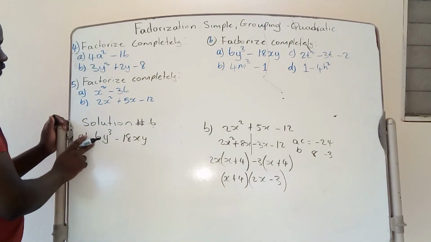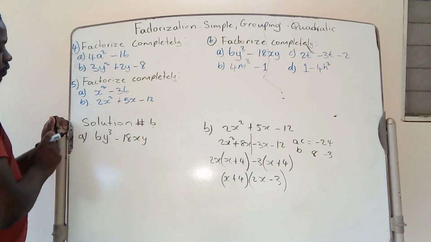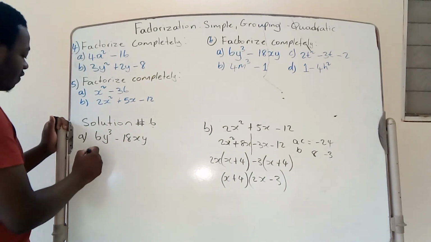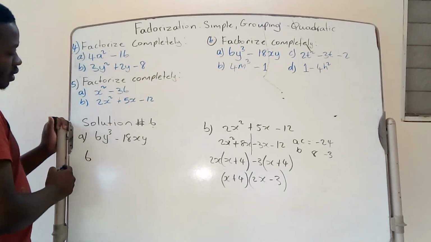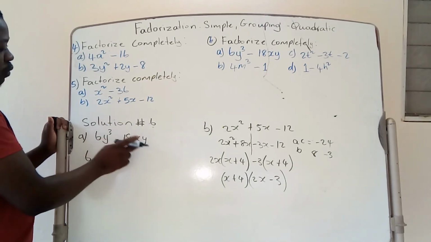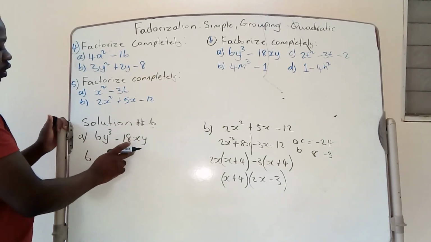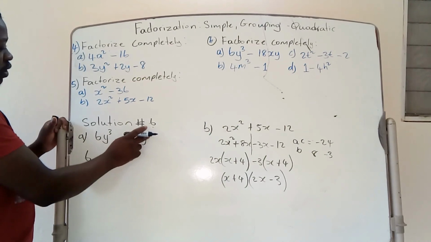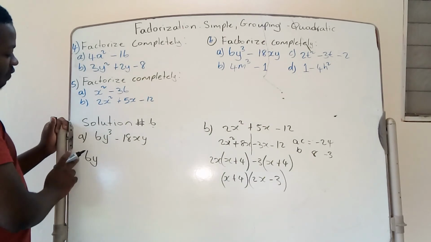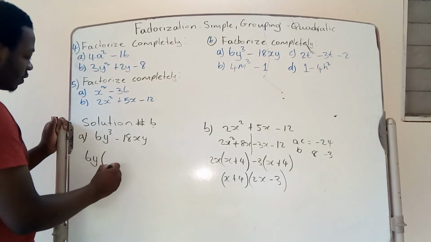What's the HCF of 6 and 18? We know that 3 sixes is 18, right? So since 3 sixes is 18, we can factor out a 6. We have y cubed and we have y. We are going to factor out a y since y has the lowest power here. So in other words, we are factoring out 6y.